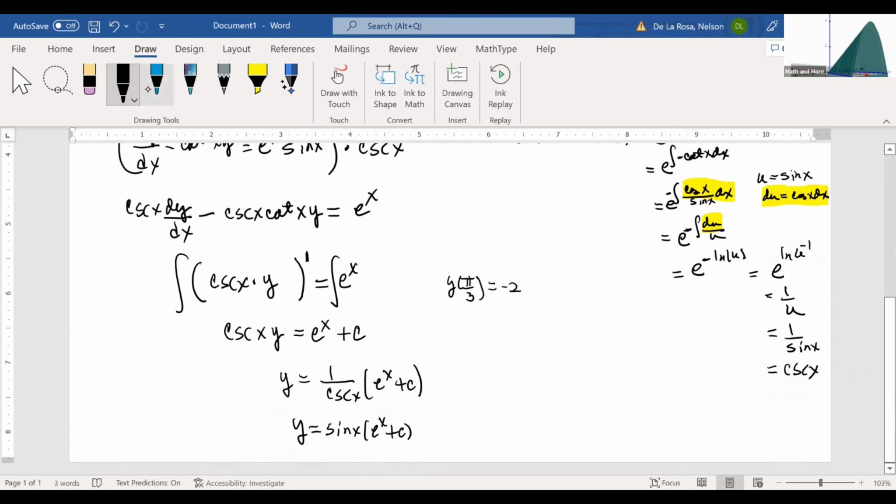So y at pi over 3 is equal to negative 2 square root of 3 e to pi over 3.